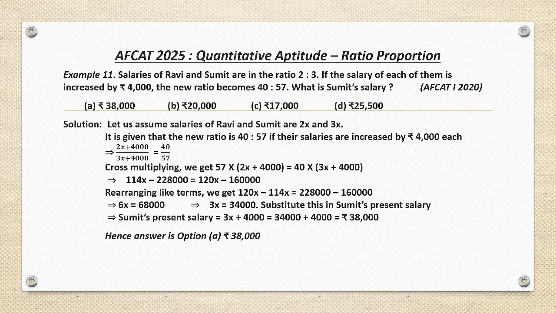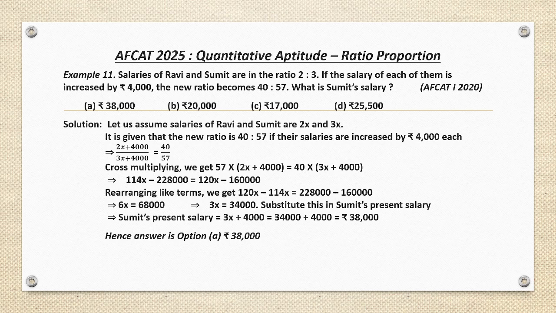And simply let us cross multiply: 57 into 2x plus 4,000 is equal to 40 into 3x plus 4,000. So we'll get this, and rearranging the like terms, we get 6x is equal to 68,000, or simplifying it, 3x equal to 34,000.